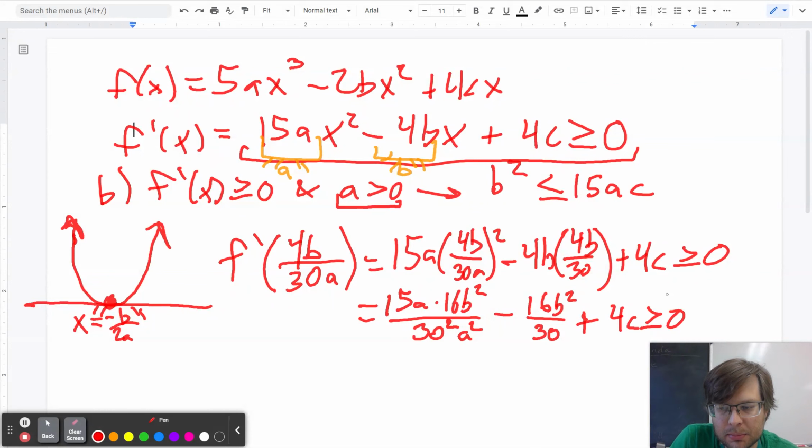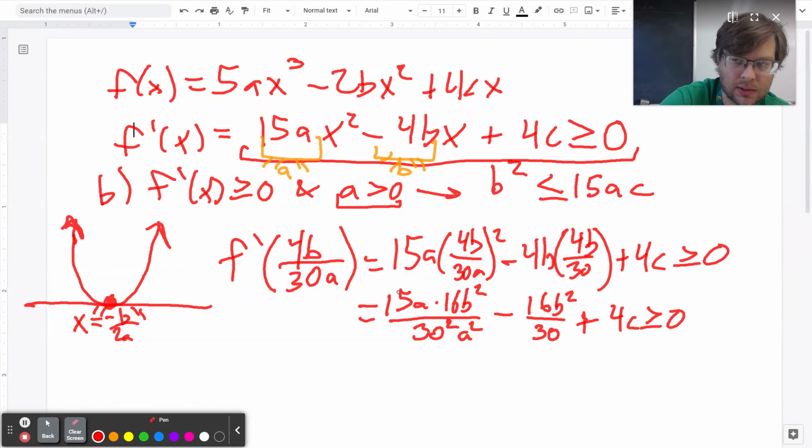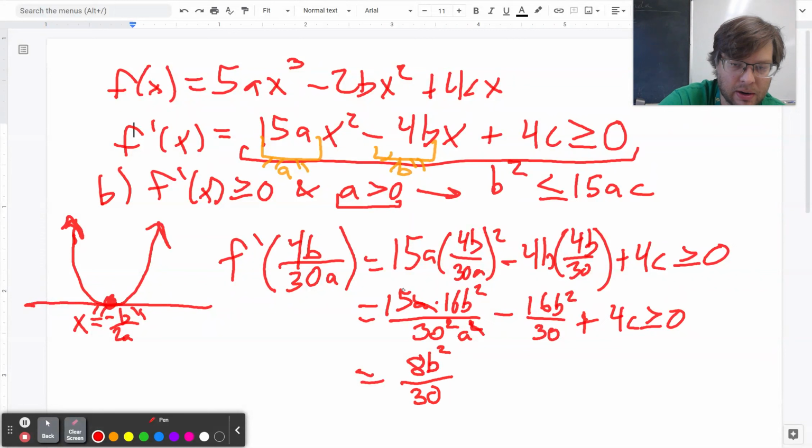Let's try to do some simplification before we get too much crazier here. Okay, so if I simplify, 15 times 2 is 30. So what I can do here is cancel an a with an a, and make this 8b squared over 30, because I borrowed the 15 and a 2 from the 16 to make 30 and canceled one of the 30s.